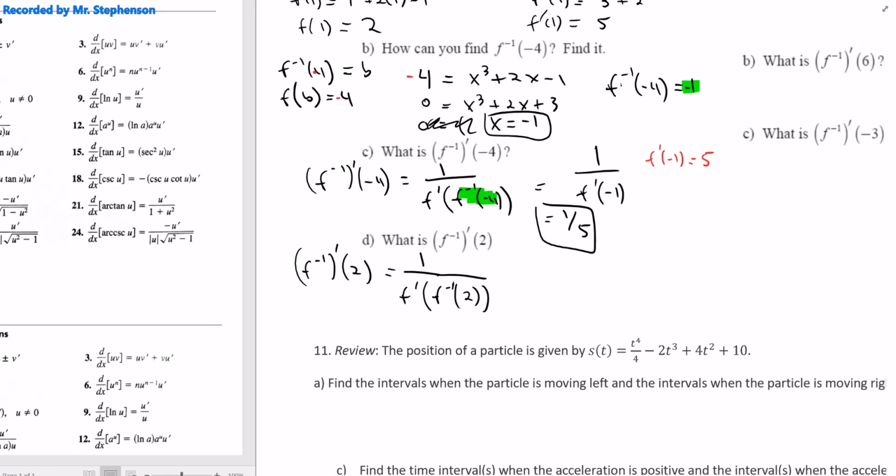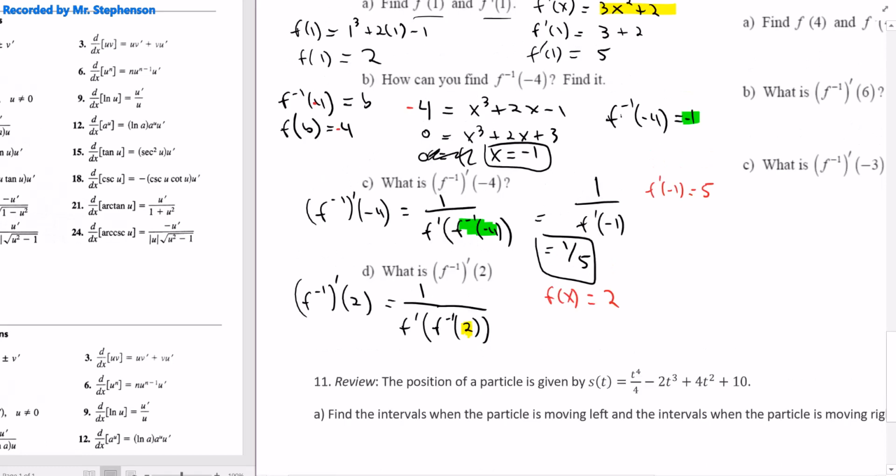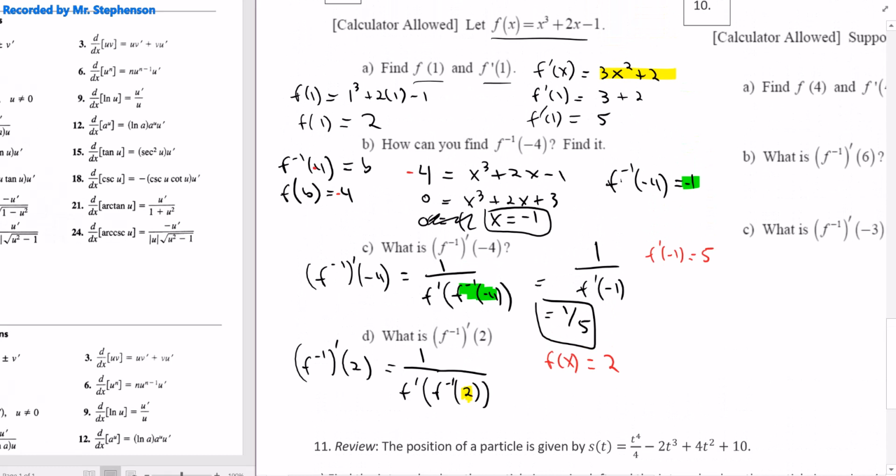So we need to find f inverse of 2, which, remember, if the 2 is the input in the inverse function, then it's the output in the original function. So basically I'm trying to figure out at what x value do I get a 2 as an output. And kind of neat, up here we already did this.